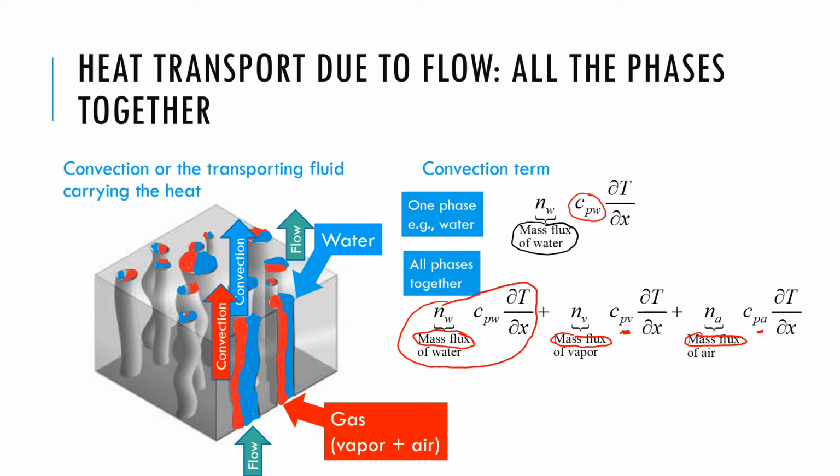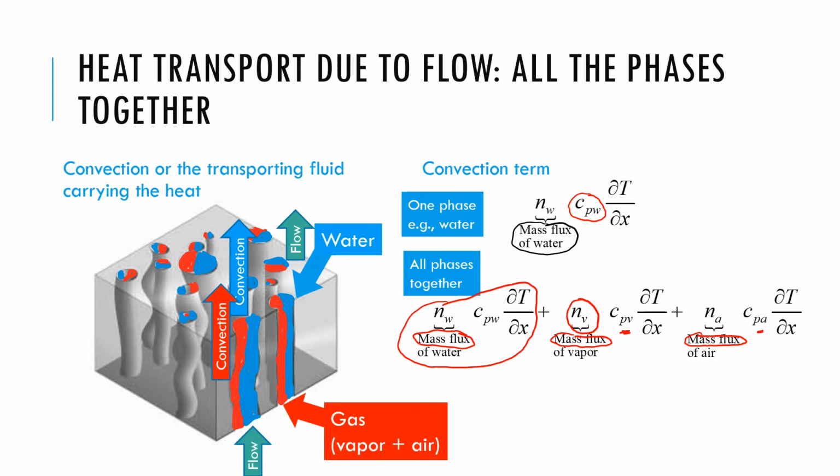Okay, now a very important part. So this is the NW or NV. These are the total mass fluxes. Mass flux, remember, is also due to two groups of mechanisms: diffusion type and flow type.